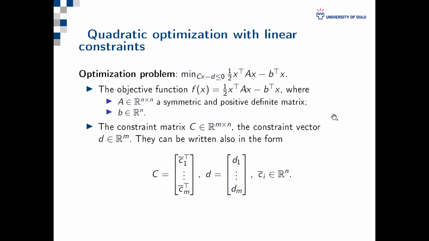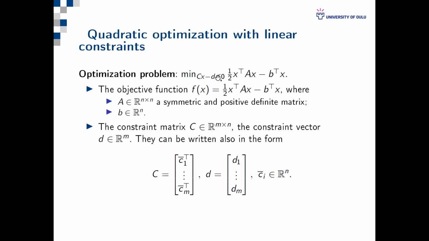Let's take some problems which are very usual in optimization. Very often we have a quadratic optimization problem. So we have here a matrix A. I assume that A is symmetric and positive definite. B is just some known vector. Then this objective function is convex for sure.